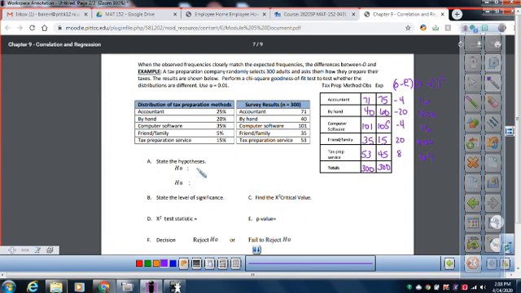My null is that the proportions of how people prepare their taxes are the same.